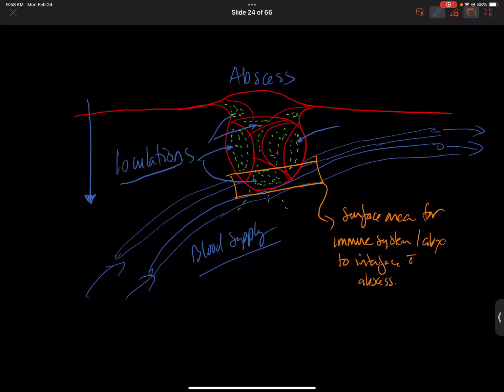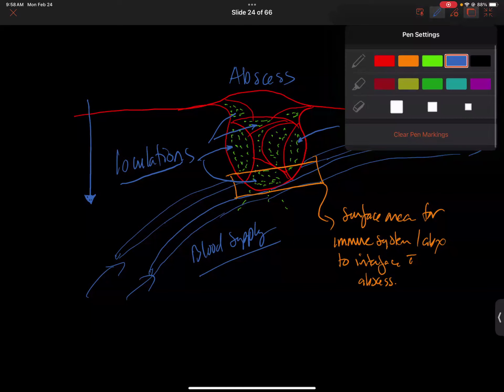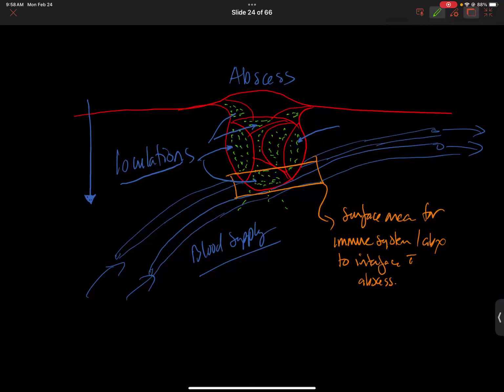And why is that important? Well, in the past, individuals have studied and tried to drain this abscess with a needle and ultrasound. Put a probe on the abscess, stick a needle in here, and then just pull out the pus-filled fluid.